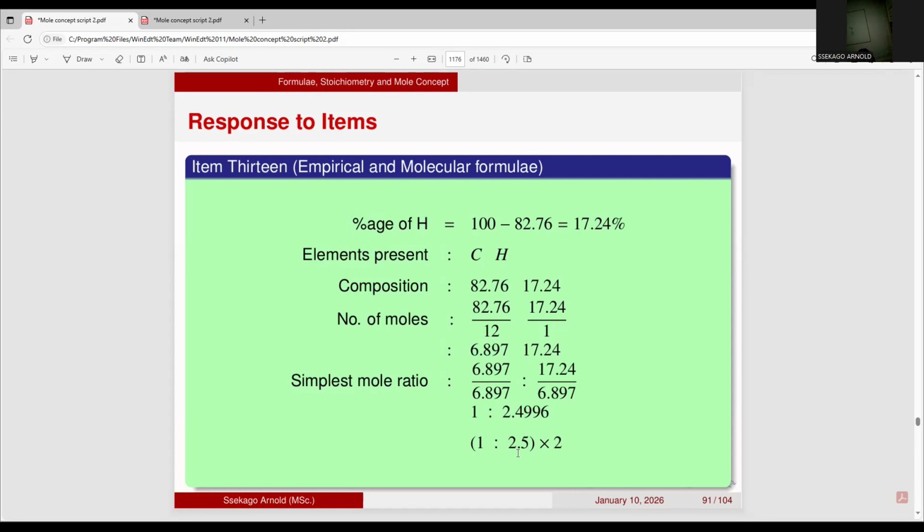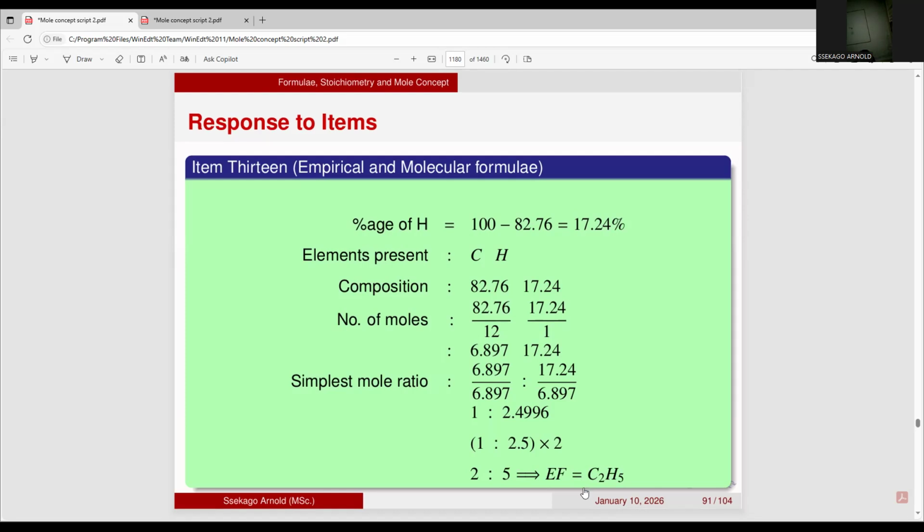So you multiply by 2, and 2 affects this one. It also affects here. Now, if you press your calculator very well, after multiplying, we obtain a 2. 2 times 2.5, you obtain 5. Therefore, this is our empirical formula.